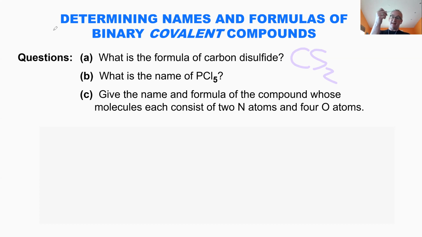Nitrogen is in group 5, oxygen group 6, so nitrogen comes first. So it would be N2O4. What would we call it? Dinitrogen tetraoxide. Well, we wouldn't say tetraoxide. We would shorten it. Tetroxide. Yeah, just tetroxide. You'd be okay with tetraoxide, but generally, yeah, chemists are always in a hurry. We need to shorten things down. So we would say tetroxide.